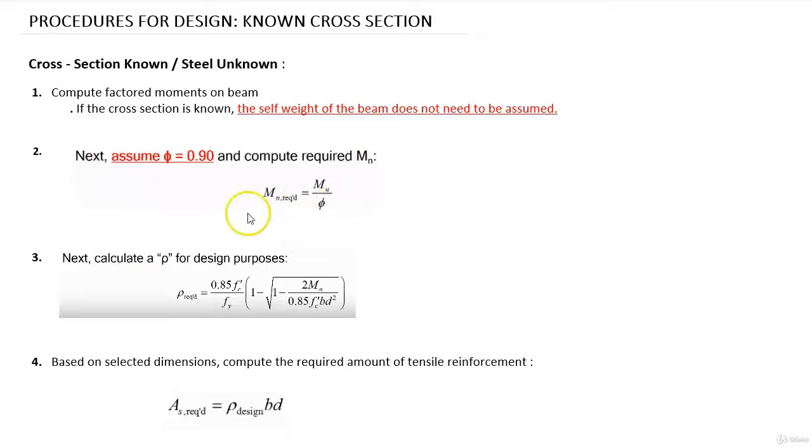After calculating Mn required, step 3 is to calculate rho, the reinforcement ratio required. If you remember, when we design for unknown cross-section, we assume the rho value, where rho equals 0.18 multiplied by fc prime, the compressive strength of the concrete, divided by fy, the tensile strength of the steel.